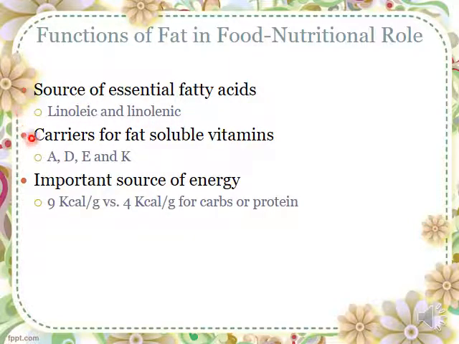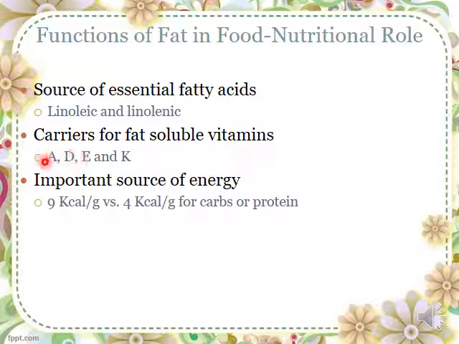Another purpose of fat in our diet is as a carrier for fat soluble vitamins. So vitamins A, D, E and K are also important for your body. In order for these A, D, E, K vitamins to be absorbed by your body, you need a carrier for them, which is fat.